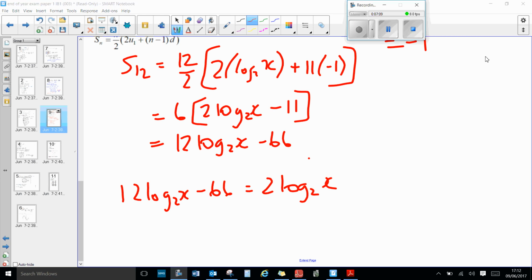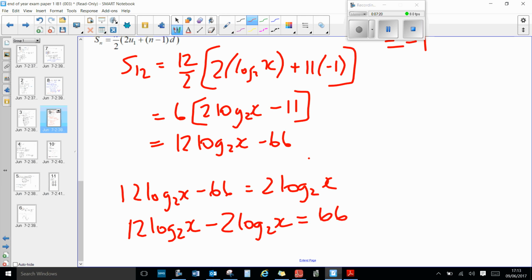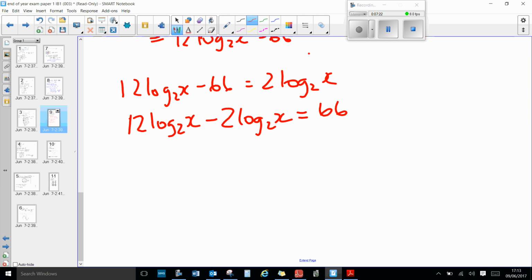Okay, so I'm going to rearrange this. So I've got 12 log base 2 of x minus 2 log base 2 of x equals 66. If I've got 12 of them minus 2 of them, it gives me 10 log base 2 of x equals 66. So log base 2 of x equals 6.6.